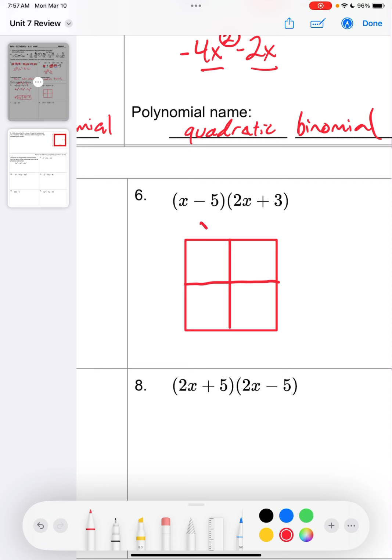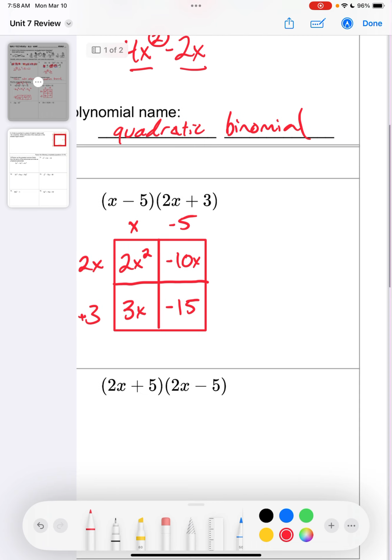I'm going to put x minus 5 here, 2x plus 3 here. 2x times x is 2x squared. 2x times -5 is -10x. 3 times x is 3x. And 3 times -5 is -15. These two spots always combine. Start in the upper left corner, 2x squared. 3x minus 10x is -7x, and then minus 15.